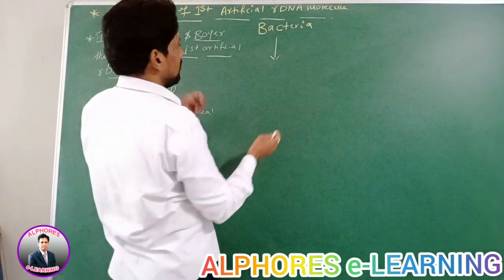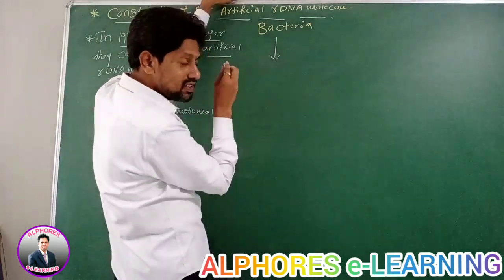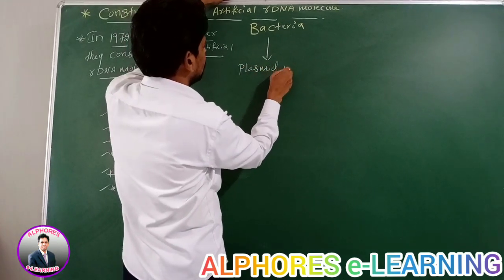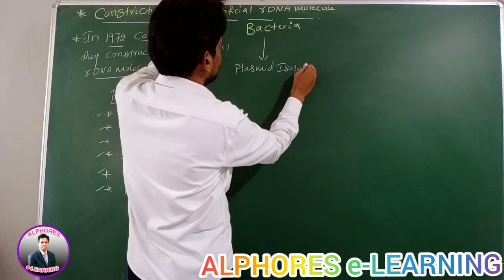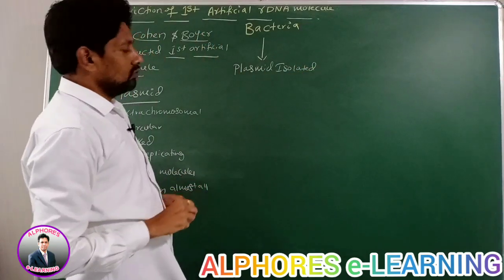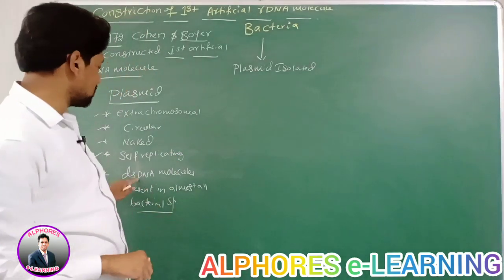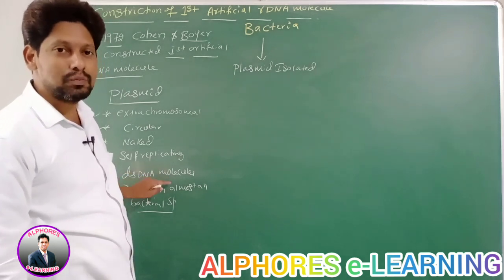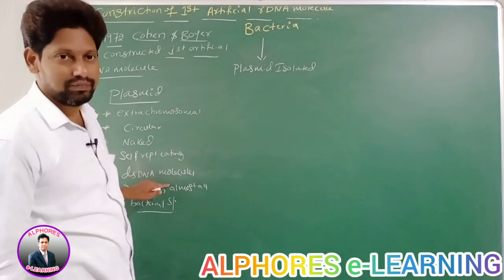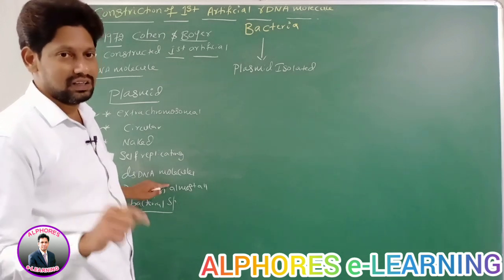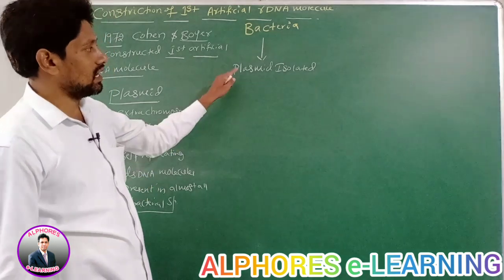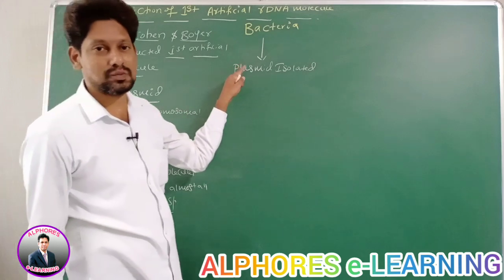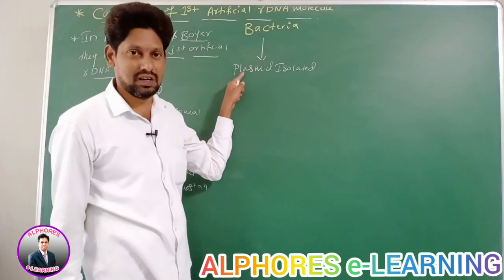What did they isolate? Plasmid. Plasmid means a double-stranded DNA molecule. A segment of DNA is called a gene. One of the genes present in this double-stranded DNA of plasmid is the antibiotic resistant gene. I already told you plasmid contains antibiotic resistant genes.